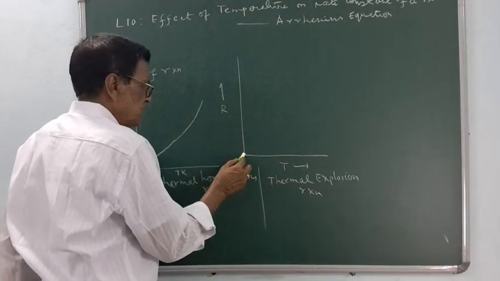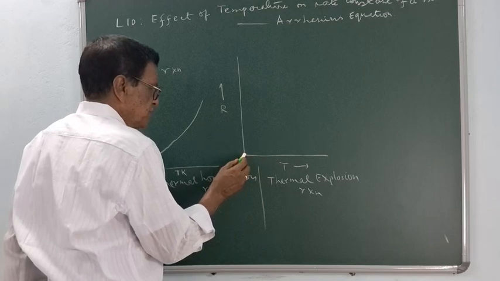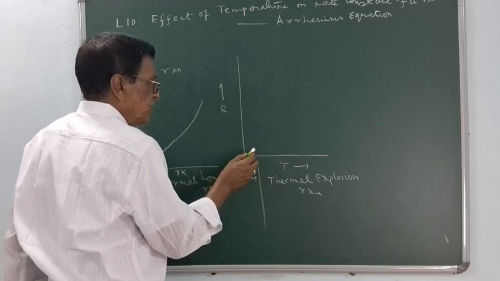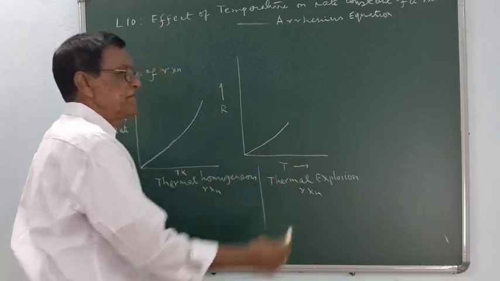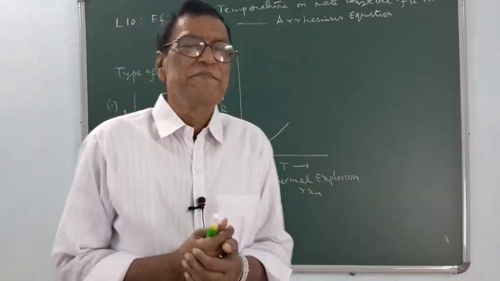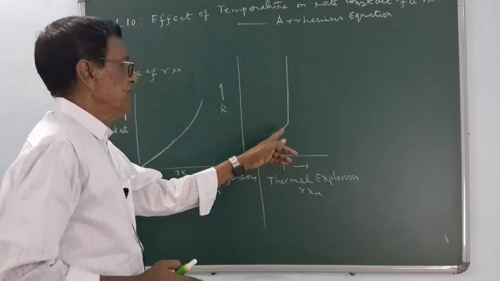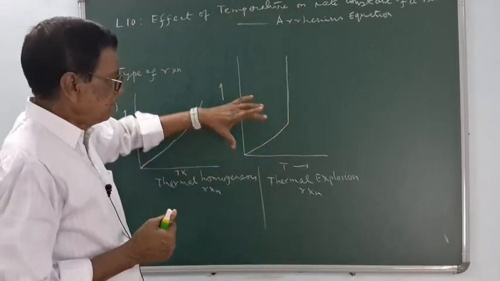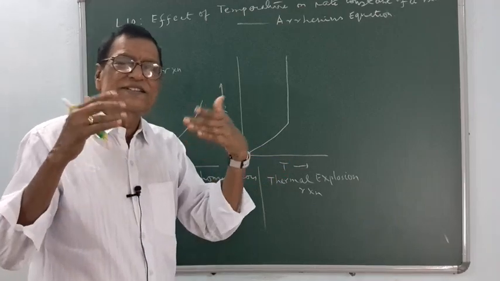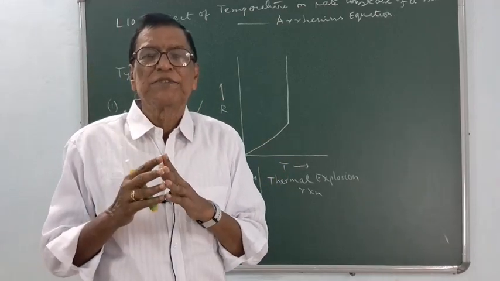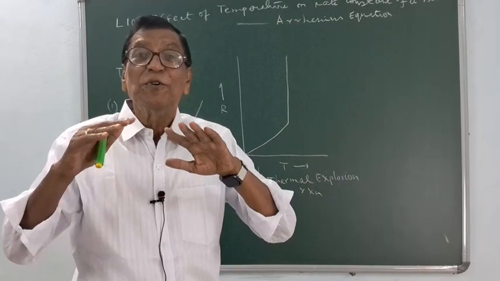So it also starts theoretically from the 0 origin, and then increases, and after a certain temperature, whenever the reaction attains a certain temperature, it actually explodes, meaning the rate becomes tremendously high. Up to this point it follows like this, but whenever the certain temperature is attained, the rate of this reaction becomes tremendously high, leading to explosion.